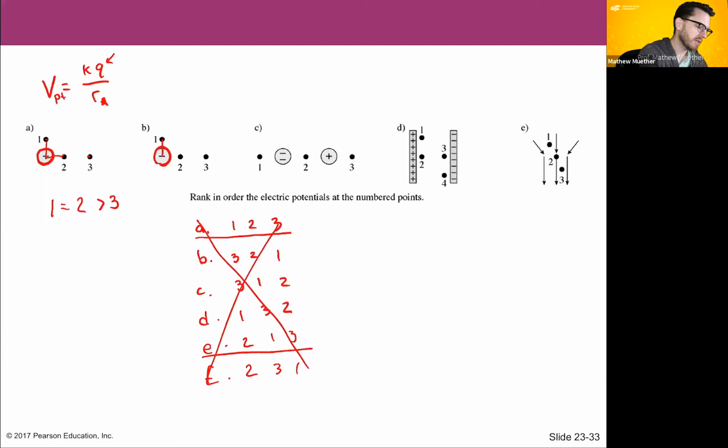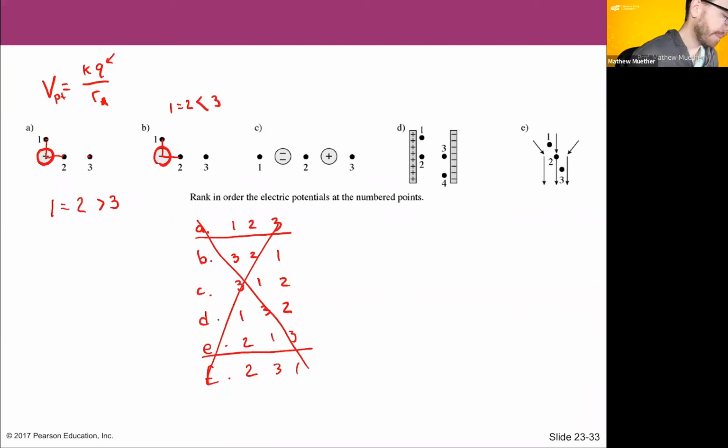We see that 1 and 2 again are the same distance away, so I know that 1 is equal to 2 in this example. But because 1 and 2 are closer to the object, they should be more negative. So those are going to be smaller than 3. So 3 is largest, followed by 2 and 1, which are equal.